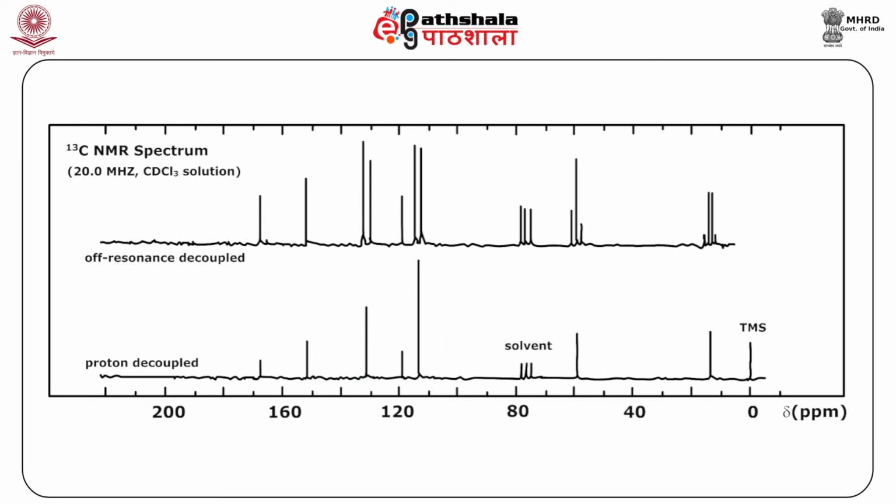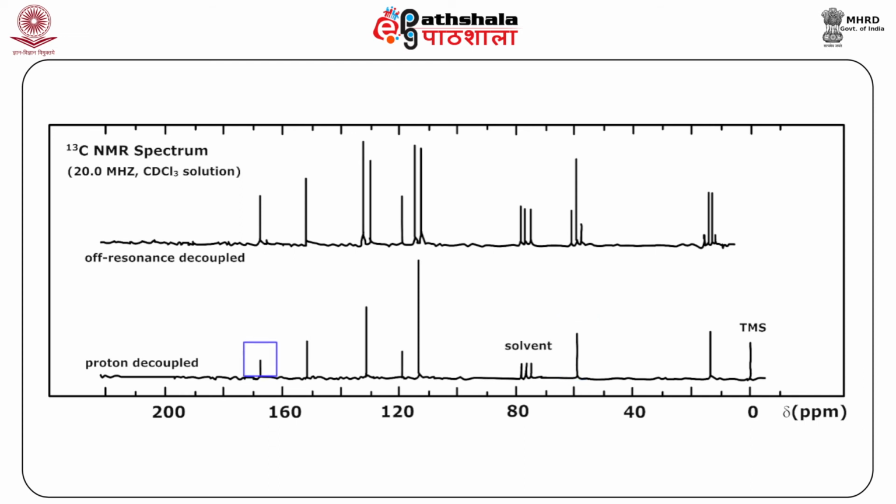The 4 resonances in the aromatic region, 2 for CH and 2 for the quaternary carbons, confirm the presence of a para-disubstituted benzene ring. The signals at 14 ppm for a methyl and at 60 ppm for CH2 in the carbon-13 NMR spectrum confirm the presence of an ethoxy group.